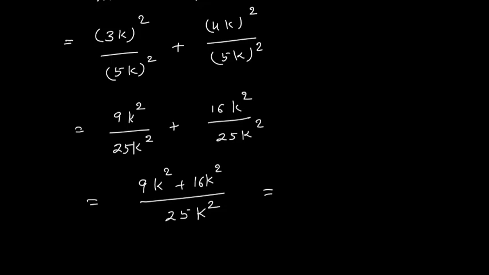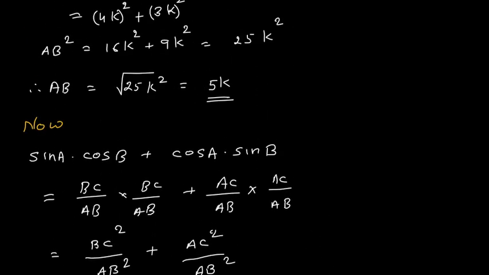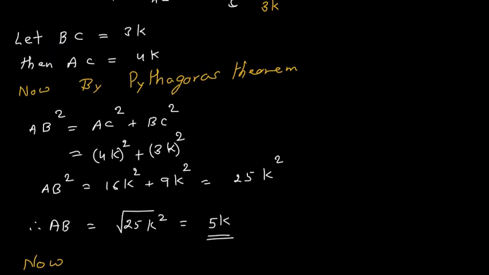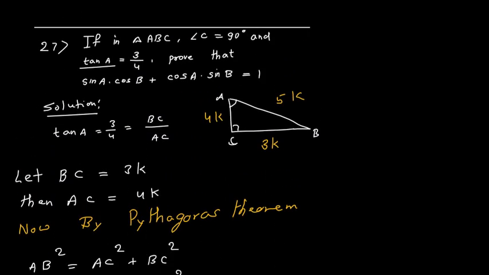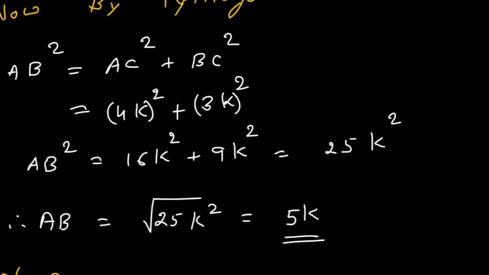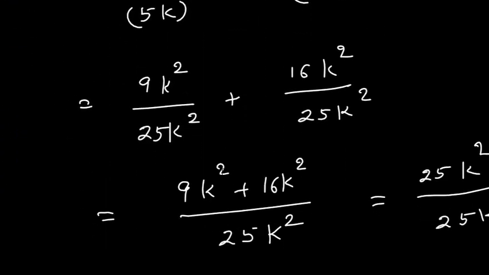So 9 plus 16 is 25, so it is 25K square upon 25K square. So after cancellation it is 1. So sin A cos B plus cos A sin B is equals to 1. Yes, what we have to show? We have to prove that sin A cos B plus cos A sin B is equals to 1, and here we have proved that this is equals to 1.